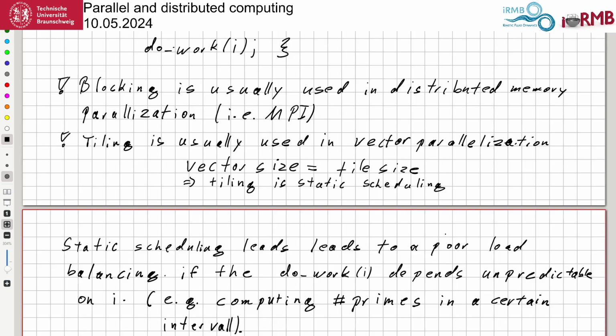Now, is it predictable? In principle, the number of primes in a certain interval is predictable. It is the question whether you can predict it, whether you bother to predict it, or whether your scheduler can predict it. So, not predictable means not predictable for the purpose of your implementation.